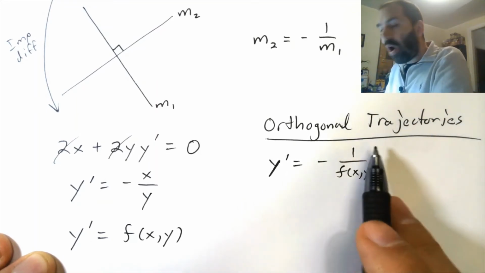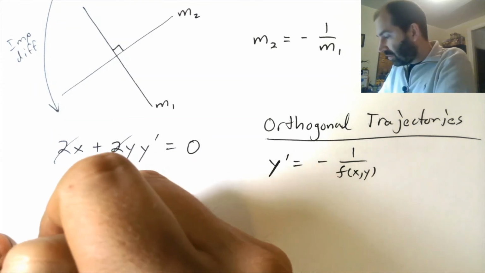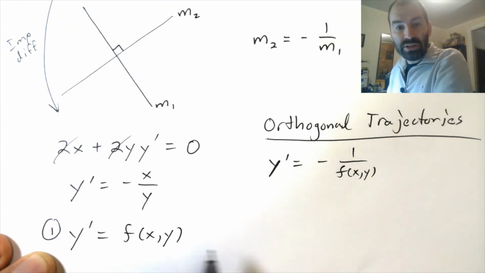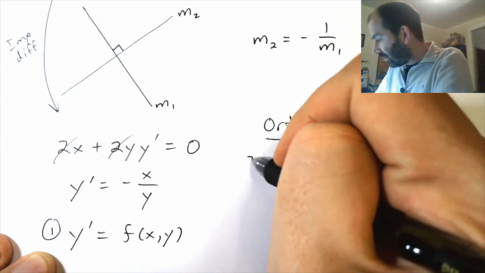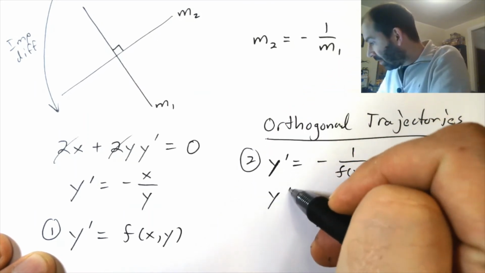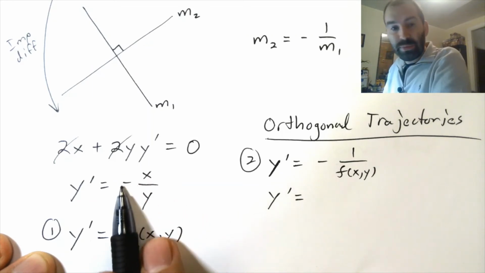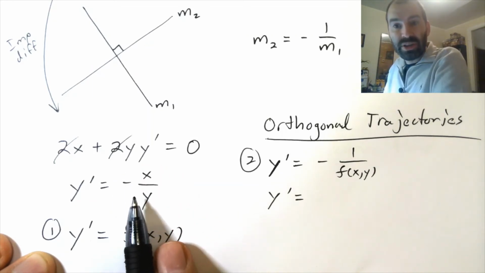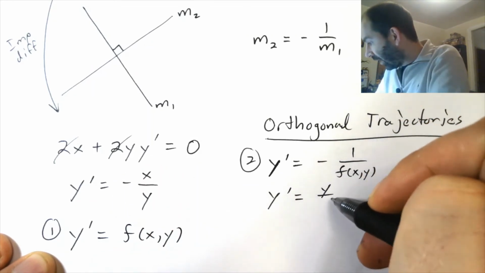And this is how you'll always do it. You're going to first write down this, find your differential equation, and then secondly, you're going to do this. In this particular case, I'm going to find the negative reciprocal of this. This is my function. So what's the negative reciprocal? It's y over x.